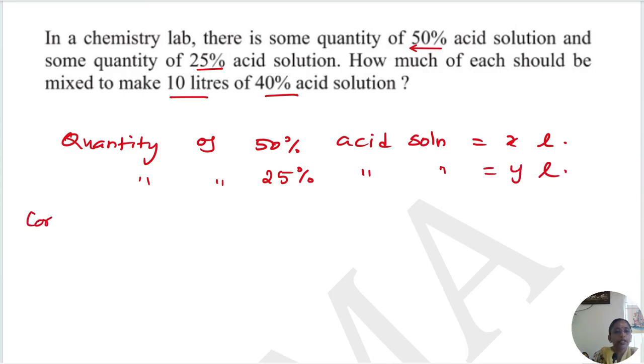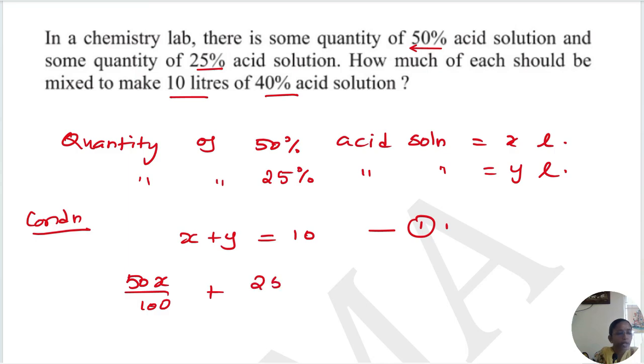According to the condition given in the problem, x plus y is equal to 10 liters. So this is my first equation. And the second condition is 10 liters of 40% acid solution. So 50x by 100 plus 25y by 100 is equal to 40 by 100 of the total 10 liters.